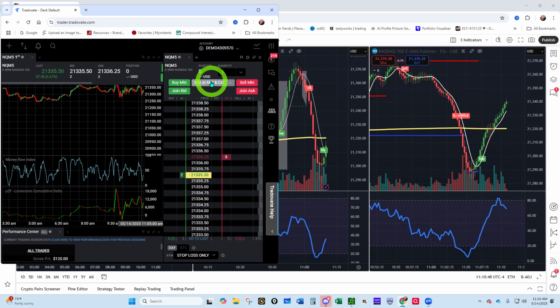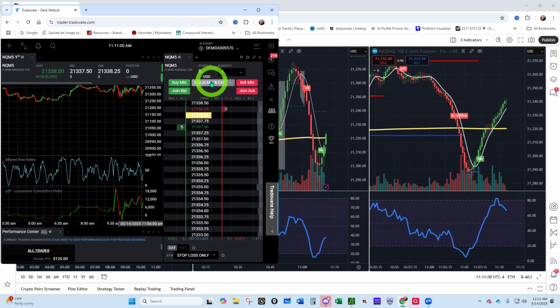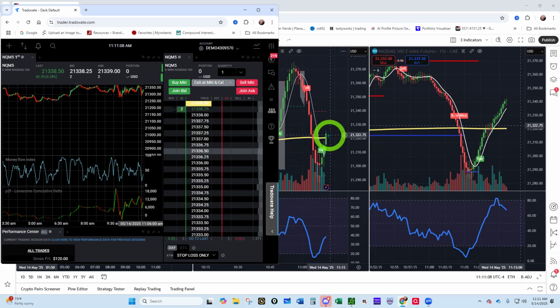You jumped on that one? Yep. Boy, that was just smooth. It got stopped out, makes it keep running. Let's see. I was worried about the VWAP though. Let's see what it does.